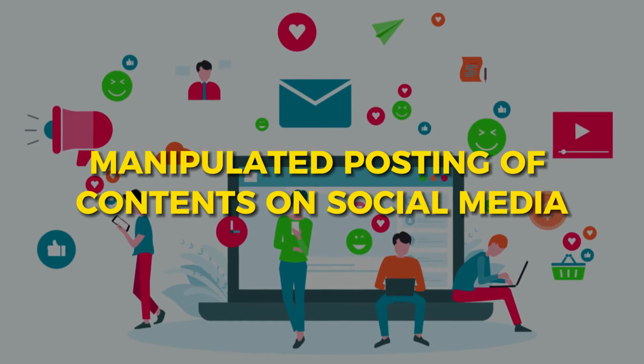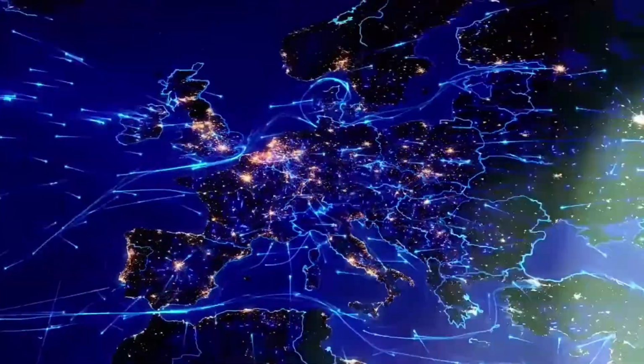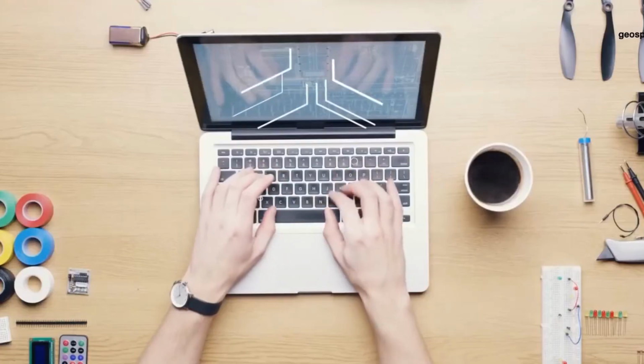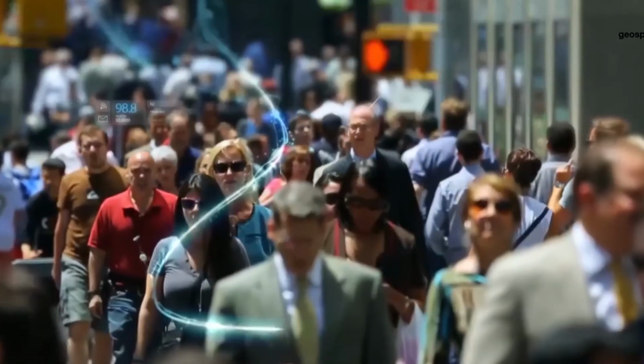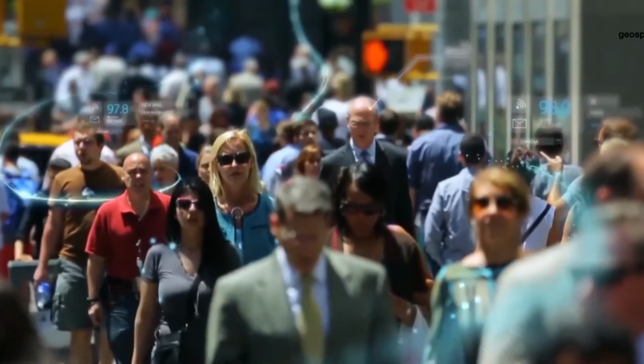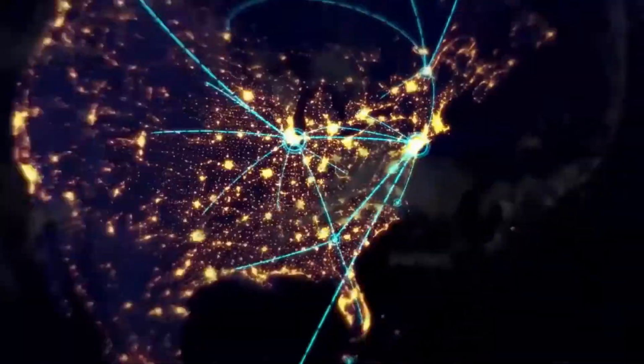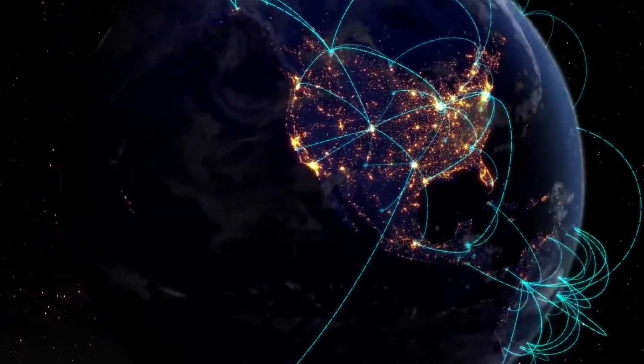Manipulated posting of content on social media. People around the world keep looking for interesting content on the internet. Social media channels are one of the most preferred online platforms where such content is posted without any authentication, influencing groups of people on the internet. The continued emergence of all forms of manipulated media on these social media platforms presents real challenges for society.